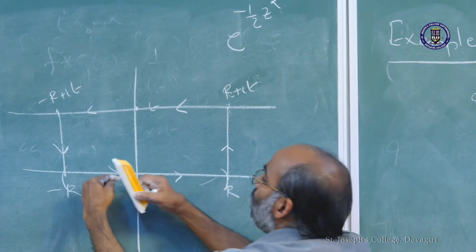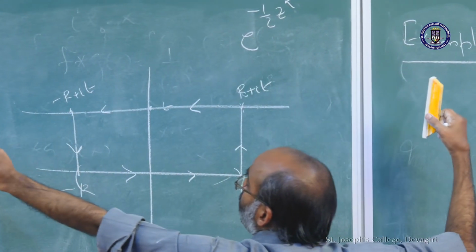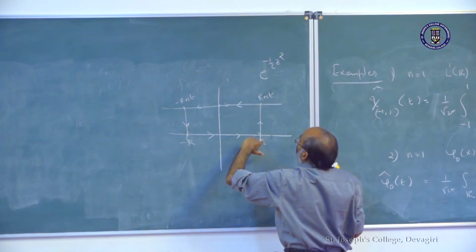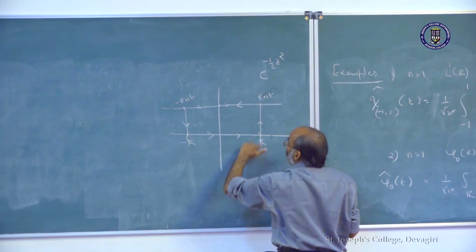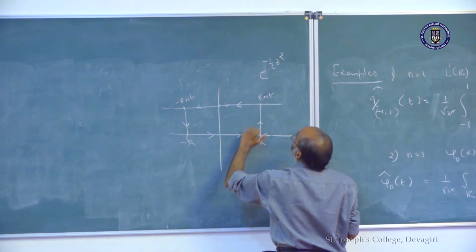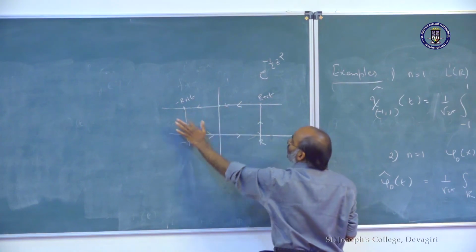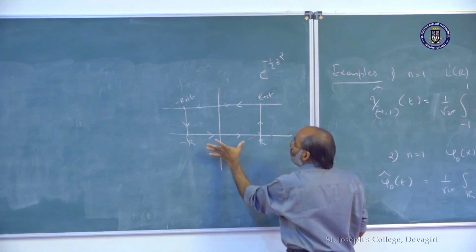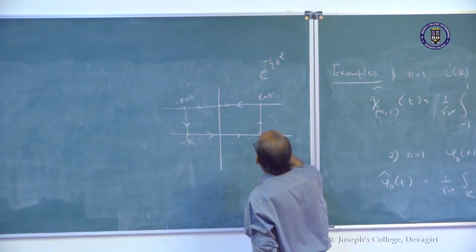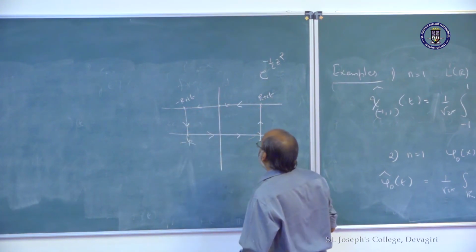But I am trying to compute the integral over this line, and I want to say that is the same as the integral over this line. So, you cut it at R and minus R and look at this closed curve. The integral of this function over this closed curve is 0. So, the integral over minus R to R would be the negative of these three integrals.